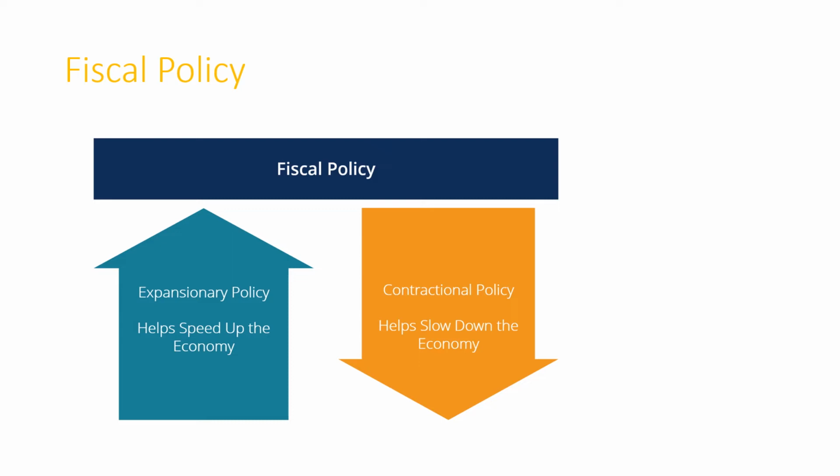It goes hand in hand with the monetary policy, through which the Reserve Bank of India influences the nation's money supply. In case of an ongoing recession, the government may employ an expansionary fiscal policy by lowering the taxes to increase the aggregate demand.